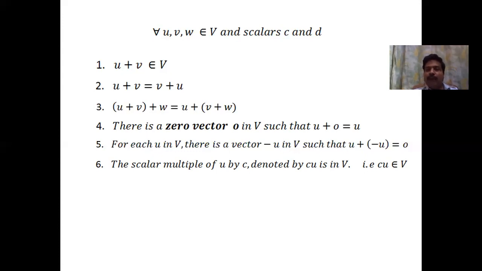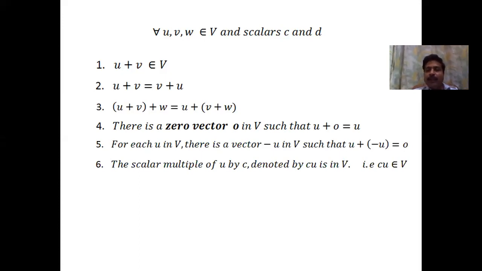CU is also in V. So CU is nothing but U plus U and so on, C times. 10U means U is added 10 times. The resultant vector also is in V. So if you have 2 ml of oxygen in your set, and it is a vector space, you will get 10 ml of oxygen and 1000 ml of oxygen and so on.